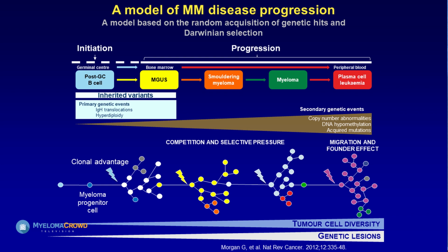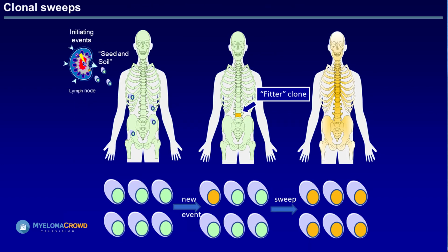So you have this cell that goes wrong, and it seeds the bone marrow all over, and then one starts to grow better, and that yellow cell pushes all of the other cells out in a sort of clonal sweep, and the disease becomes worse.